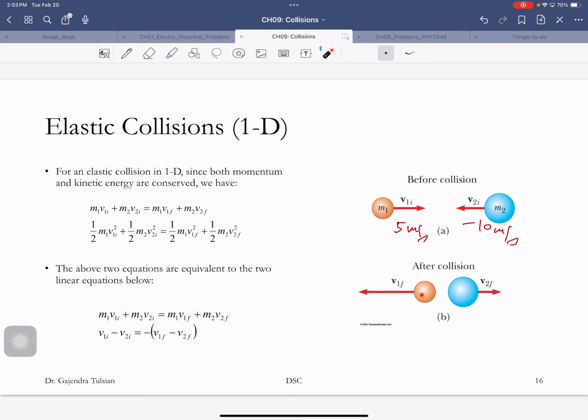So if you were sitting on him, he'd appear to be moving away from you at 15 meters per second. So in a 1D elastic collision, if that object is coming at you at 15 meters per second, he'll go away from you at 15 meters per second. That's what that is saying.